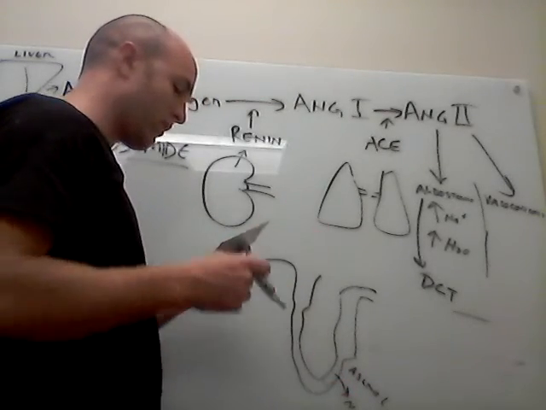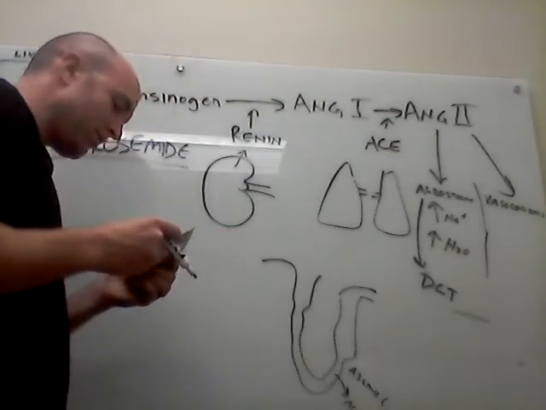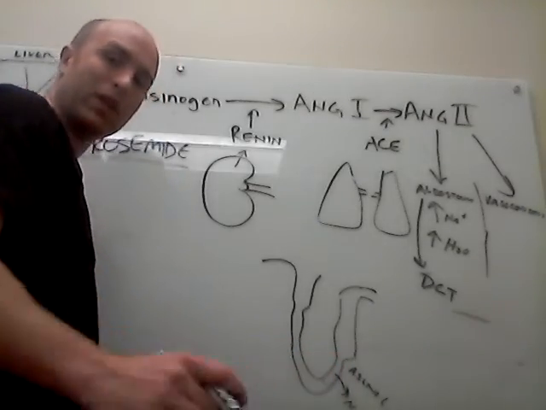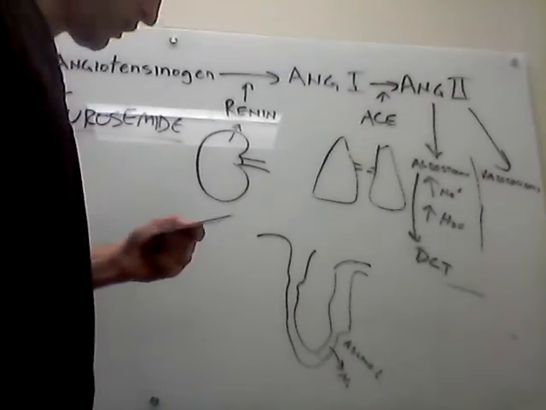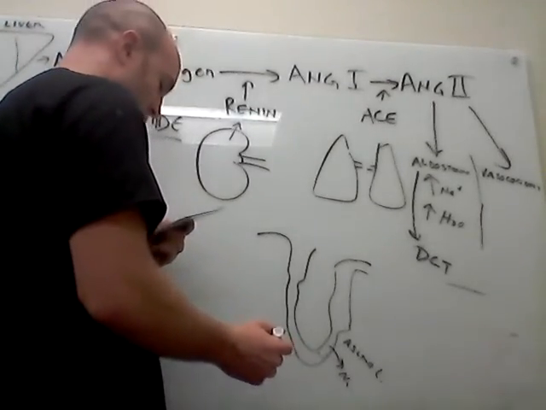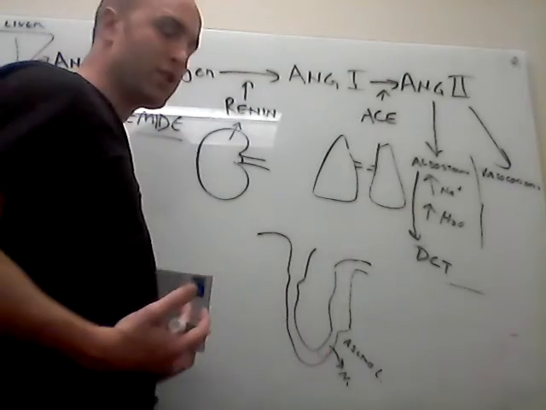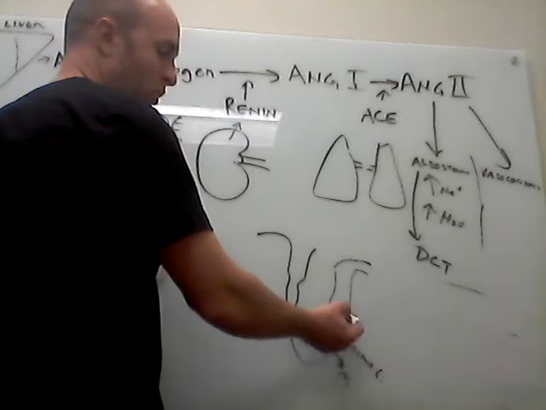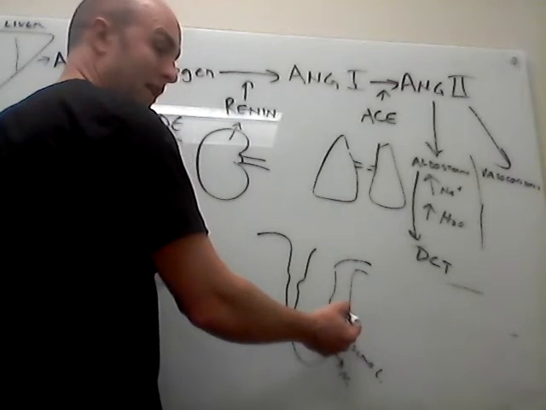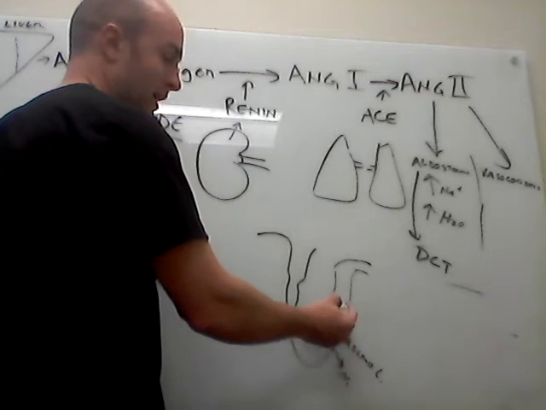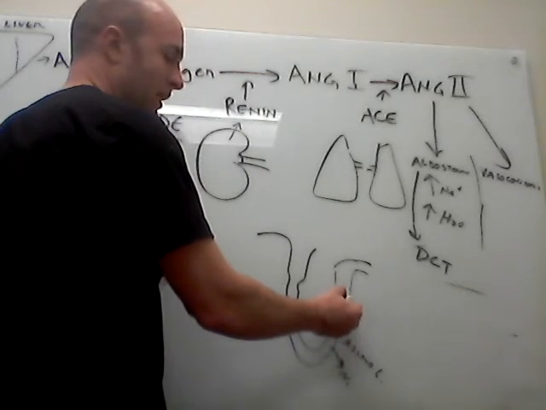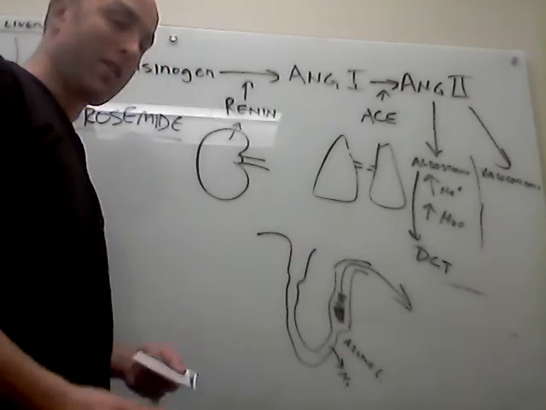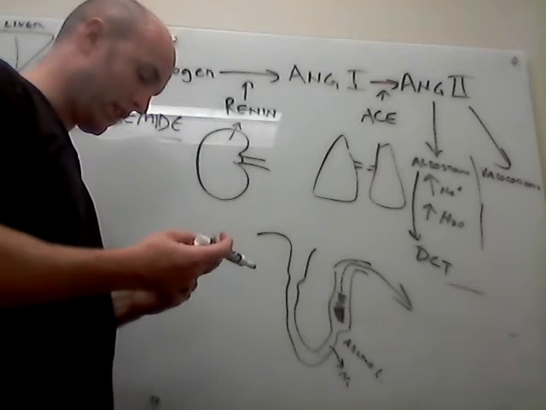But in the case of furosemide, it inhibits your body's ability, in the ascending loop of Henle, to pull that sodium and chlorine, or sodium, potassium, and chloride, back into your body. And if you inhibit the ability of your ascending loop of Henle to pull those ions back, it means that your water isn't going to get pulled back either. So that means that you're going to have more of these ions in here, which means you're going to have more water in here, which means you're going to pee this stuff out. And if you pee this stuff out, then you're going to decrease the amount of water in your circulation.